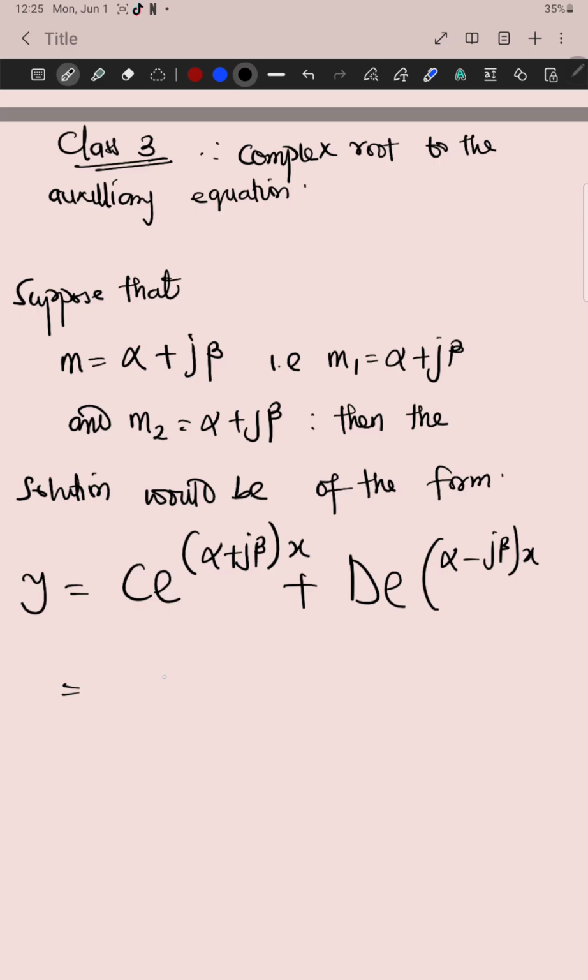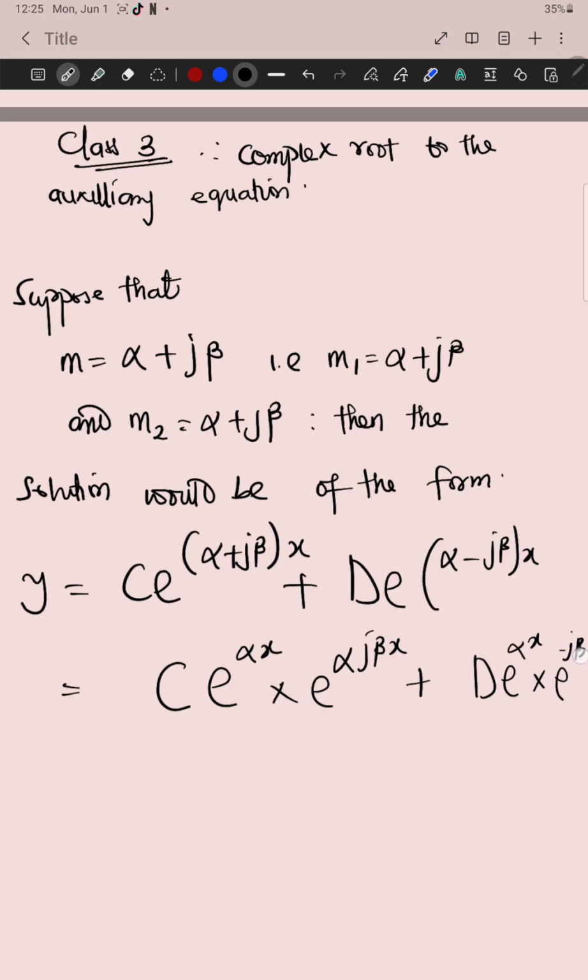And so this will become C e to the alpha x multiplied by e to the j beta x, plus D e to the alpha x times e to the negative j beta x.